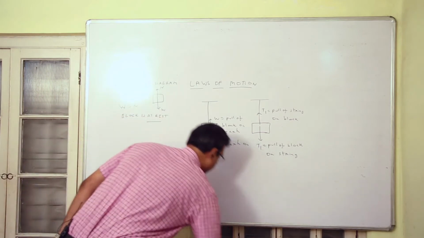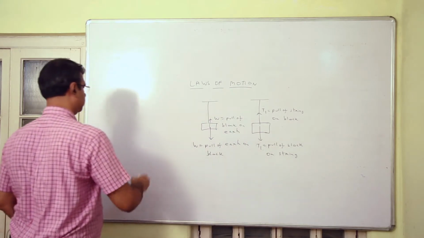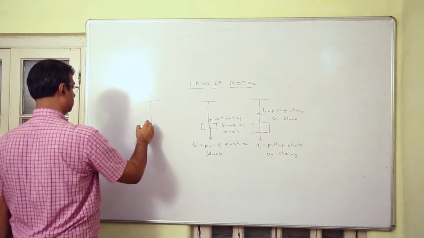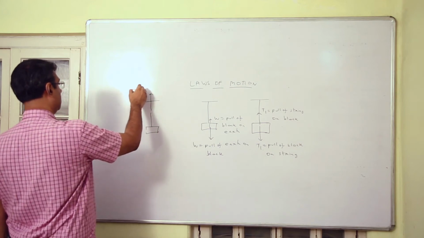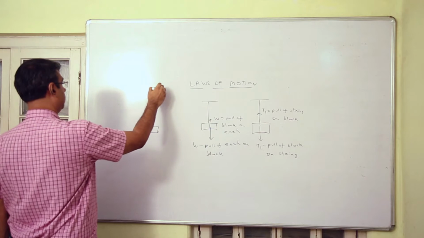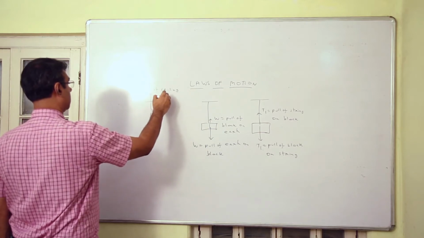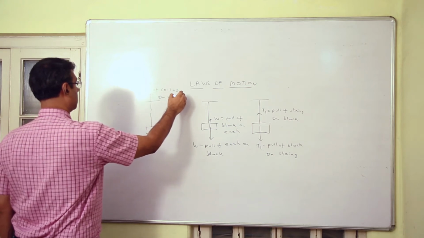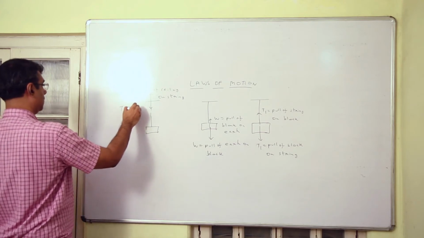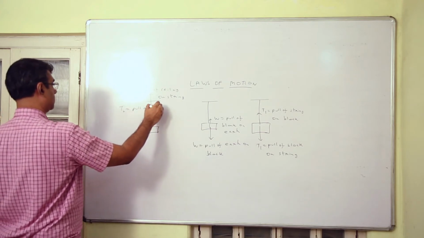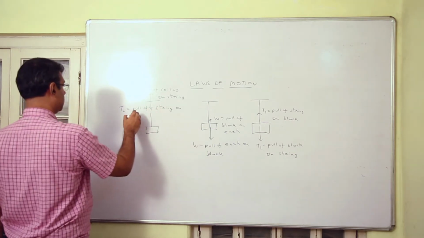And now what is the third one? Let's have a look at that. T2 is the pull of ceiling on string, and this T2 is the pull of string on ceiling.